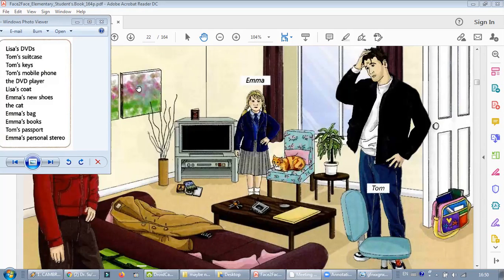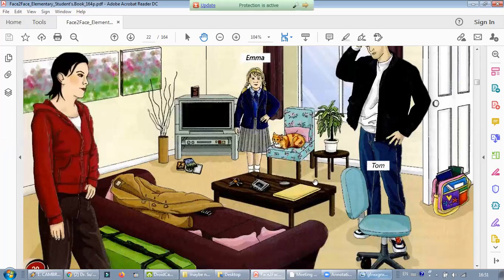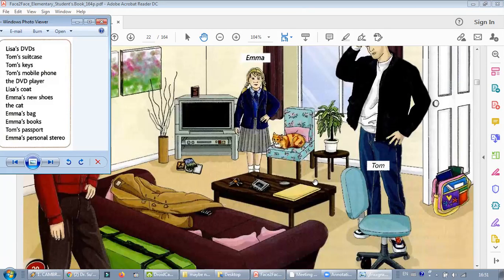So let's start. Who would like to tell me where's Lisa's DVDs? Where are Lisa's DVDs? In the photo, where are they? Lisa's DVDs are on the floor. Okay, they're on the floor. But are they by something? By the TV. Okay, by the TV.